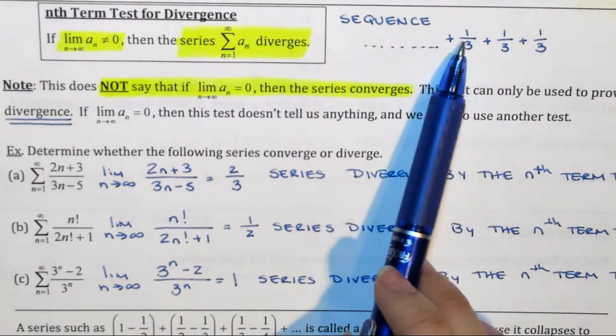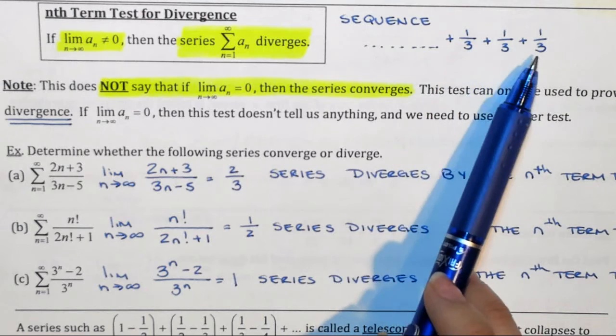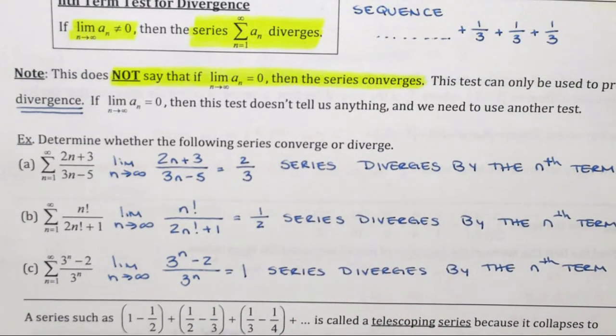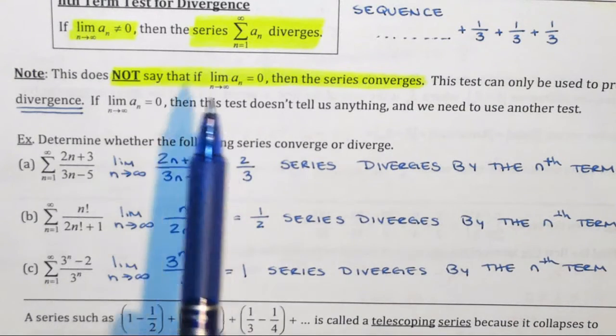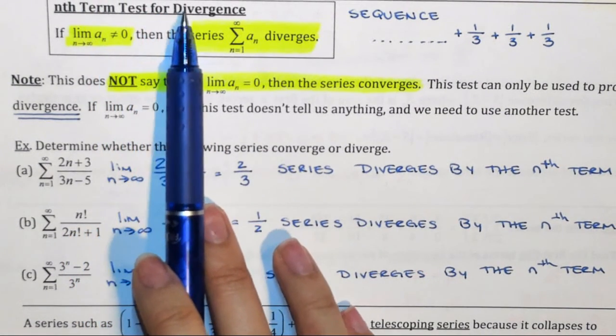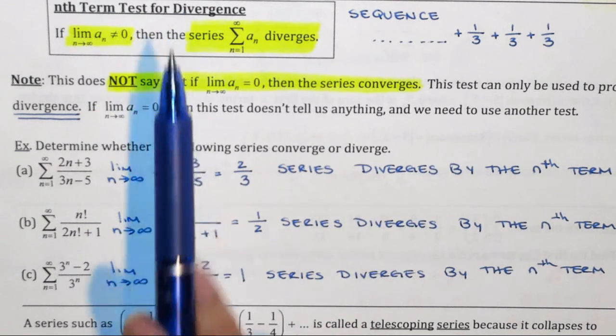Because remember, you're adding that limit. If it's not equal to 0, you're adding that limit every single time, and if you add that limit every single time, then the series is going to go to infinity. Don't forget, the nth term test is only used to prove divergence. It's not used to prove convergence.